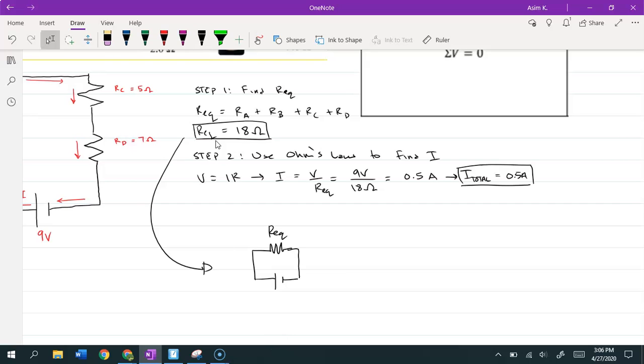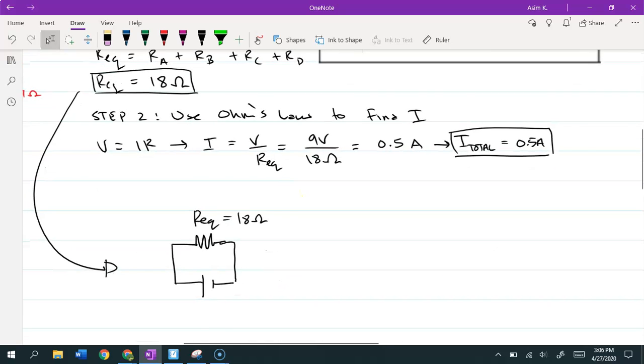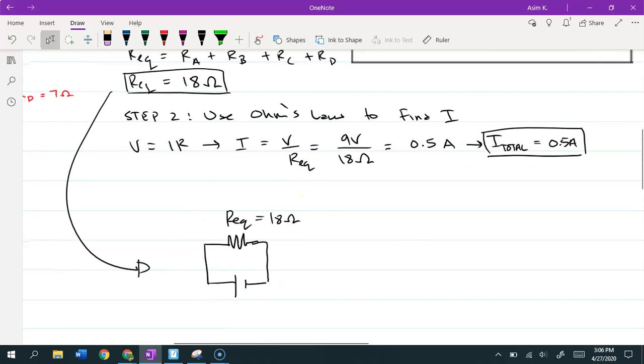That Req would be 18 ohms. That's what we're trying to say. We're basically treating all 4 of those resistors as one resistor, just pretending so that we can get an equivalent resistance. So that's the amount of resistance in the entire circuit. And then you use that in Ohm's law to solve for the amount of current, and that total current represents how much current is running through that resistor, by the way.